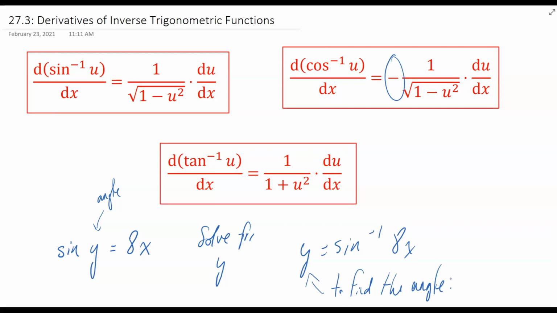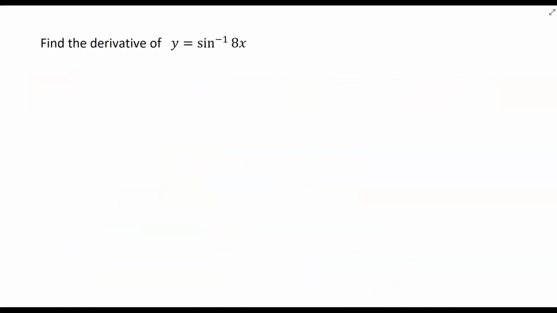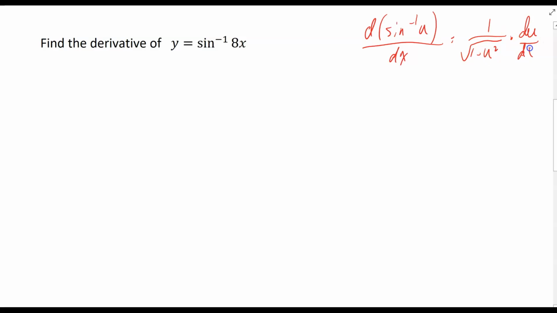So let's take a look at an example for each one of these that will illustrate how we use this particular formula for inverse trigonometric functions and their derivatives. So here we have an equation. We're asked to find the derivative of y equals the sine inverse of 8x. And remember that our formula tells us how to find the derivative of sine inverse of u when u is a function of x. That will be 1 over the square root of 1 minus u squared multiplied by du dx, right?